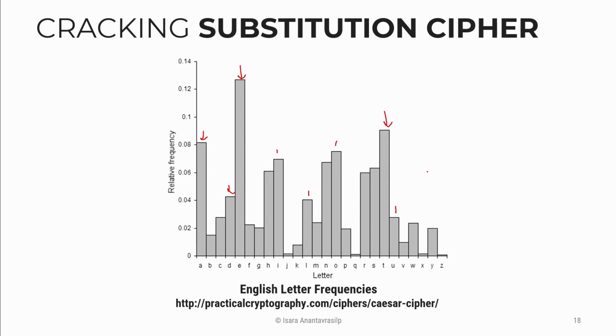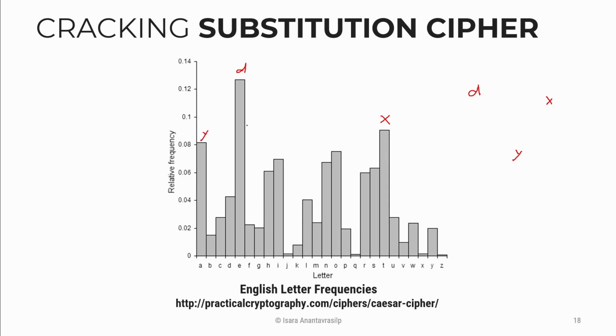Anyway, we can predict. We can take these frequencies and map them to the ciphertext. For example, if you see that in the ciphertext D is used most, followed by X, for instance, or followed by Y, you might guess that maybe D is here and X is here and maybe Y is here.